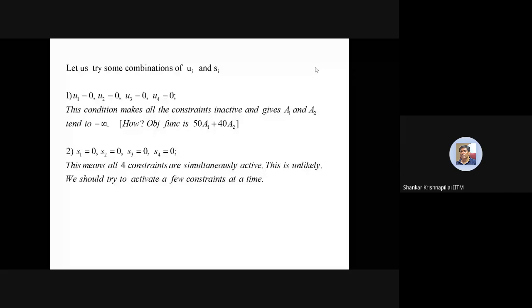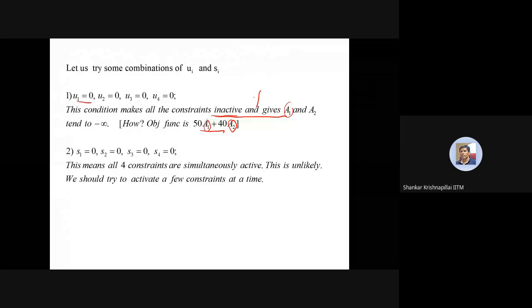This combination will give absurd results, because it gives A1 and A2 equal to -infinity. If you minimize the objective function 50A1 plus 40A2 with no constraints, then it will say A1 is -infinity and A2 is -infinity. So this will give an absurd result.